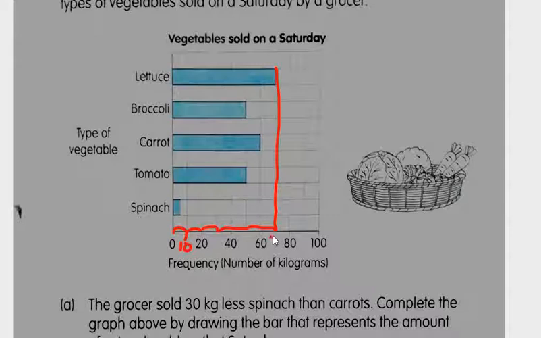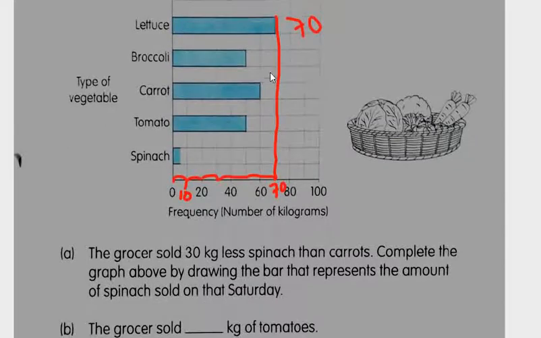Okay, 60, 70, 80, right? So lettuce has 70 kilograms. How about broccoli? It is 50. Carrot 60. Tomato 50.